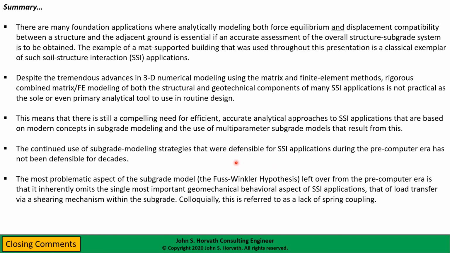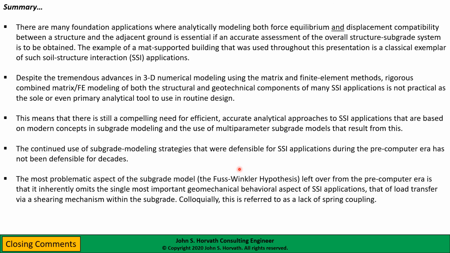Again, the real shortcoming of the traditional way of doing things with the Fuss-Winkler hypothesis is that it does not model subgrade behavior properly. As I said early on, we know that subgrade models are inherently approximate, but they must capture the key elements of behavior.